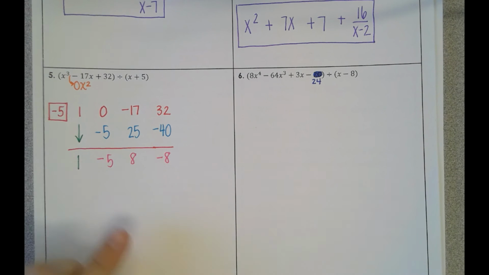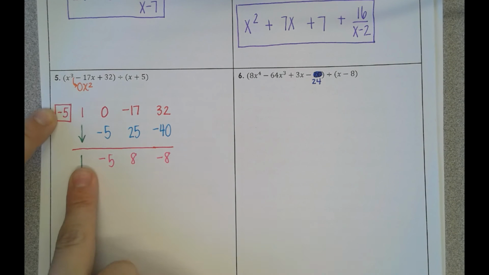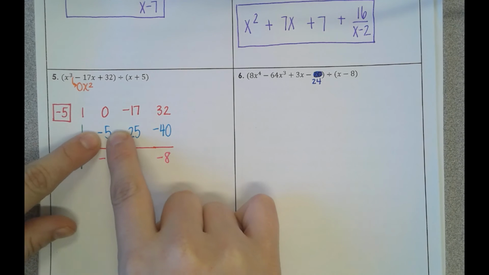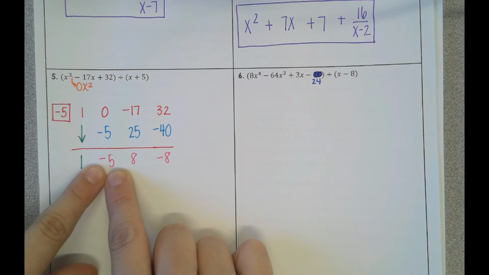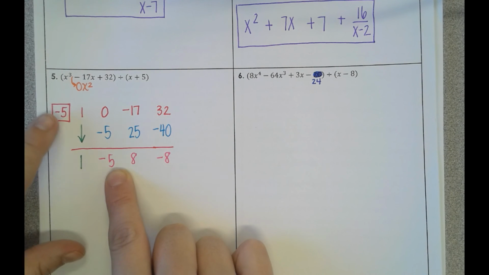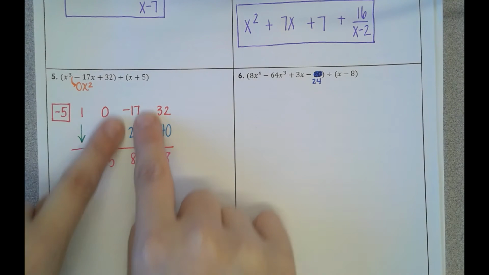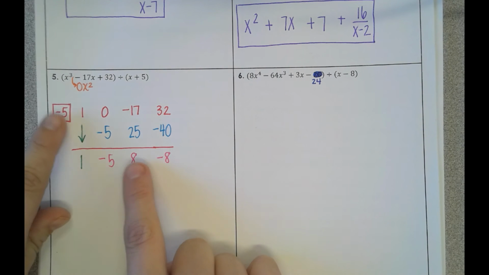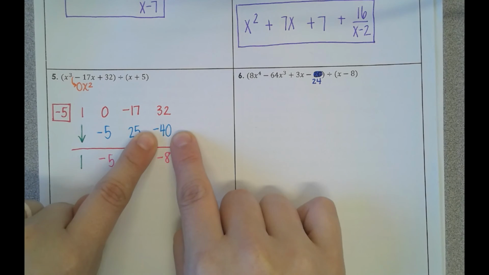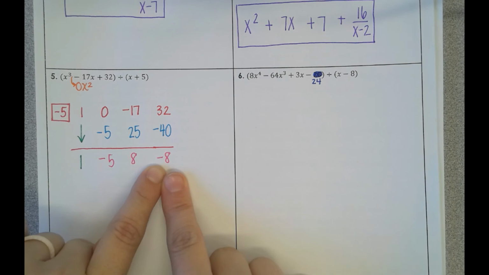All right, so we brought down the 1. -5 times 1 was -5. And then when we added, we get -5. Then we multiply to get 25. When we added, we get 8. Then we multiply to get -40. When we add, we get -8.